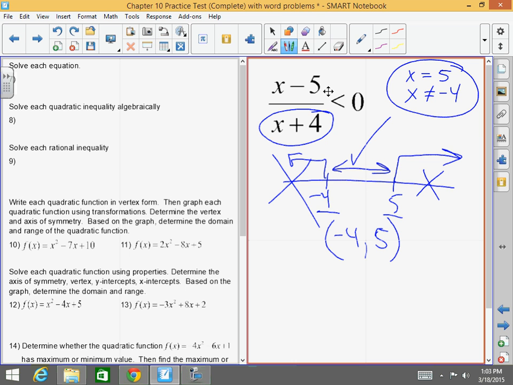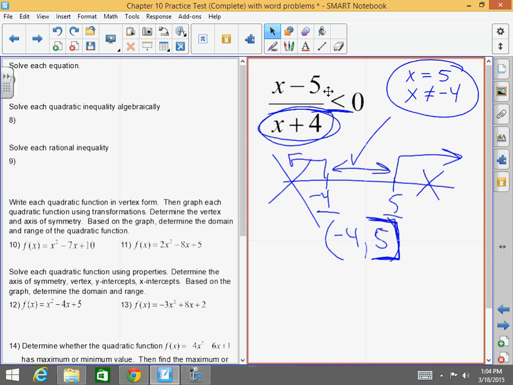If it was less than or equal to 0, then the 5 would be in brackets. The 4 would not be in brackets, though, because if I had x is negative 4, the denominator would be 0, and that's undefined. Does that make sense as well to you, Paul? If it said less than or equal to 0, you'd have a bracket around that 5.